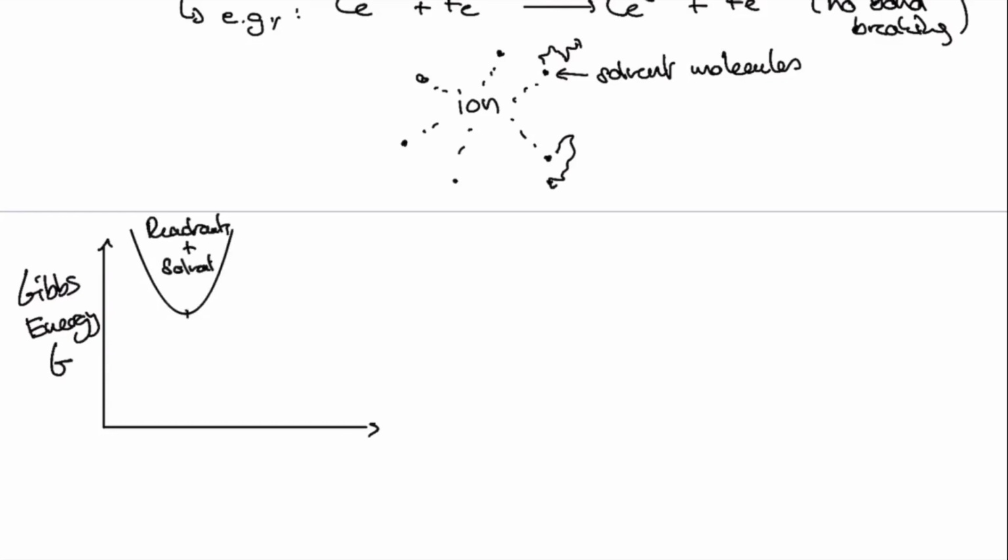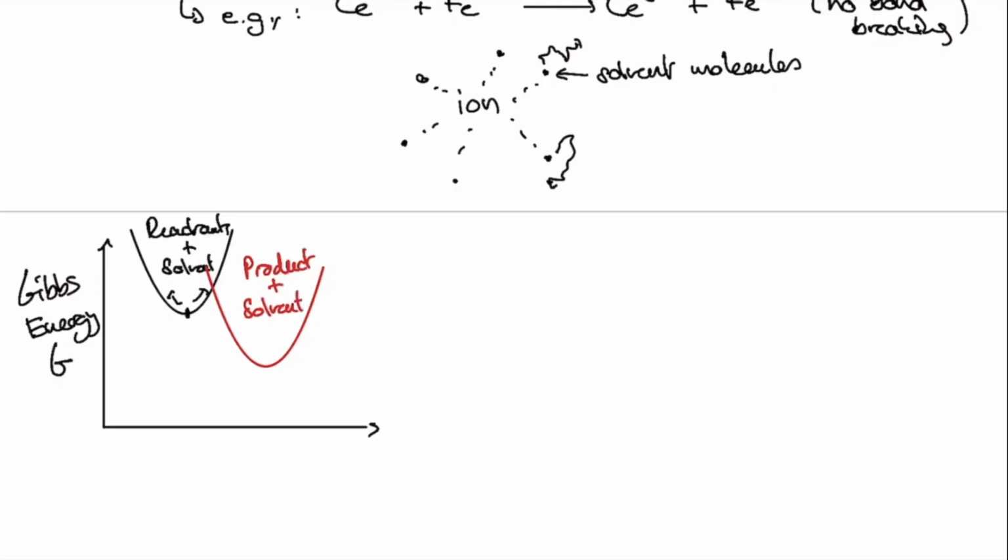Then, of course, my lowest state is here, but there's always a bit of variation. So there's always a certain population along this curve, a bit left, a bit right, where the solvent shell is changing and therefore the reactivity is changing. So the same goes for the product. Product plus solvent.